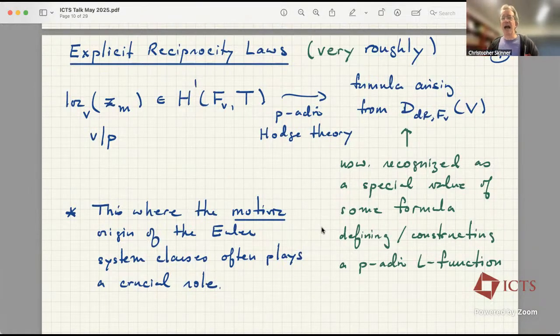This is the kind of thing that happens over and over again in this world of special values. If you're more familiar with elliptic curves, and you think of the Gross-Zagier formula, you have this beautiful formula that expresses the derivative of the L function at 1 in terms of the height of a Heegner point. But how do you get this equality? You massage both sides into a formula, and then you stare at those formulas and you see that they're the same thing.